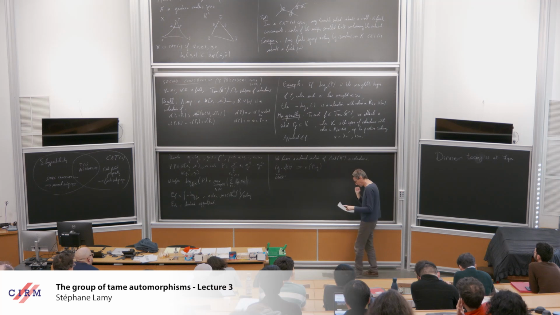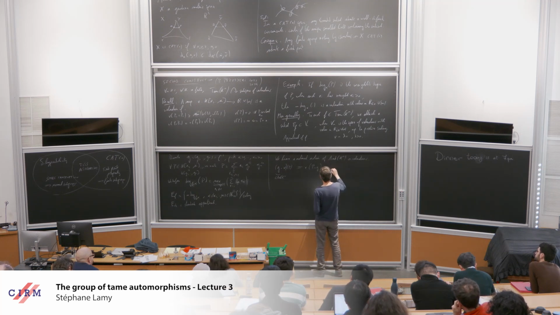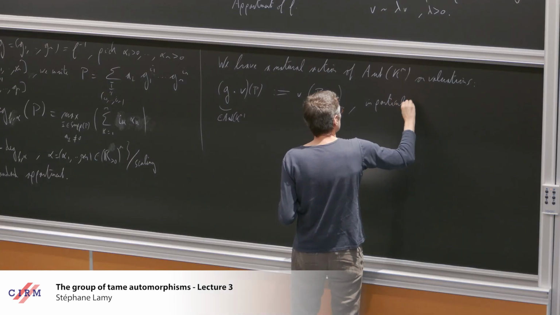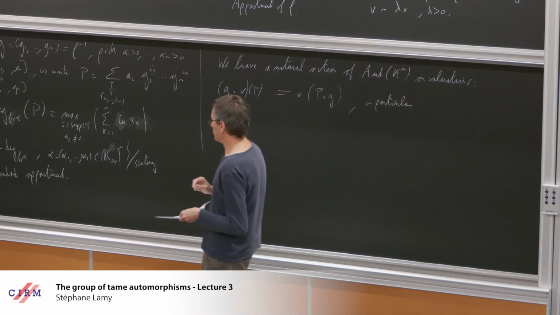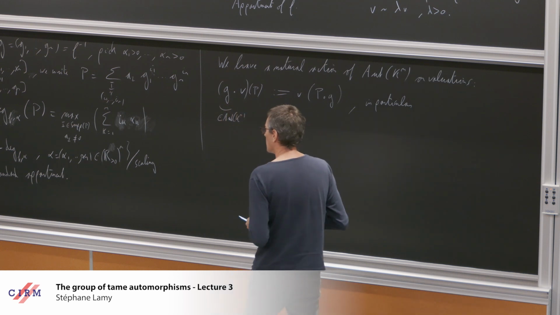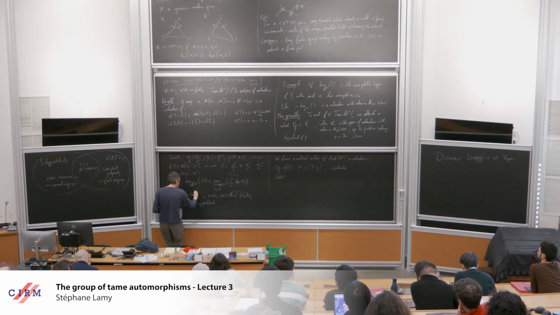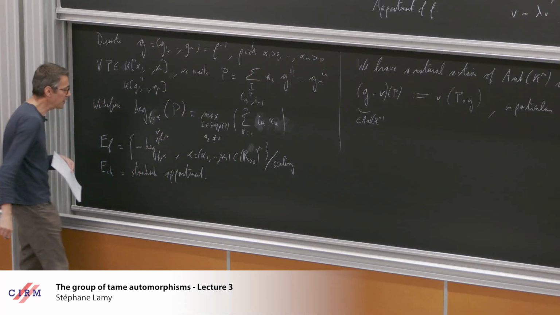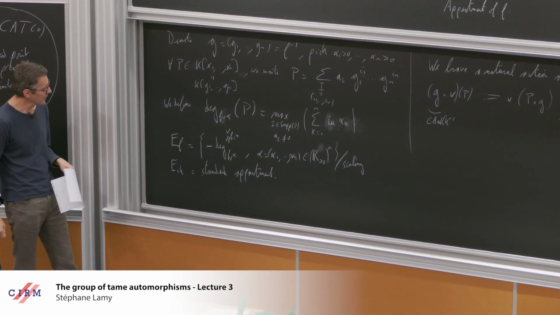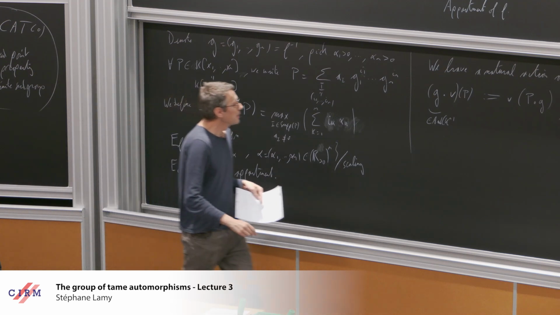Then, if everything is okay, this one I denote by mu associated to f with weight alpha when I see it as a valuation. I put a minus.